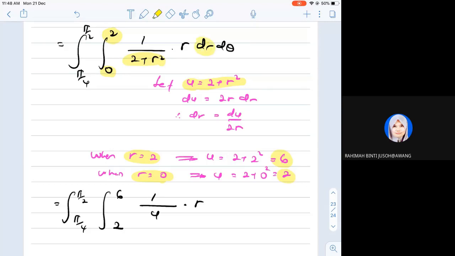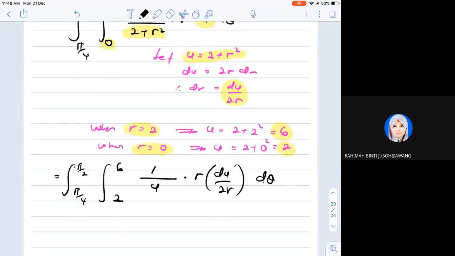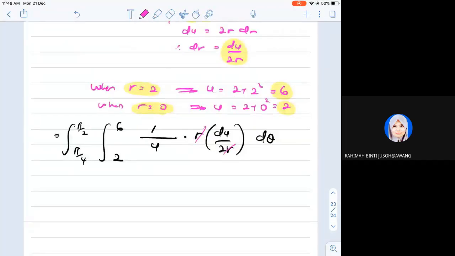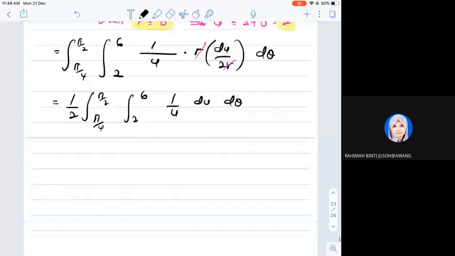Then dr is du over 2r, and d theta is maintained. Next we can cancel this and this. So we can take out the coefficient: 1 over 2 can be taken out. So we have pi over 4 to pi over 2, and then 2 to 6, 1 over u du d theta. Okay, how do we integrate this? What do we get when integrating 1 over u, guys?